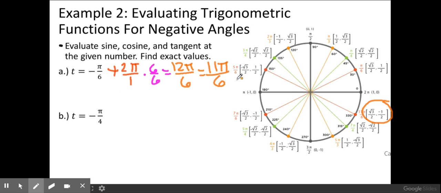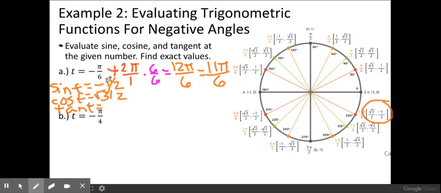And so for t equals negative pi over 6, now it says just evaluate sine, cosine, and tangent. So we just need sine of t, cosine of t, and tan of t. So sine is y, -1/2. Cosine is x, square root of 3 over 2.